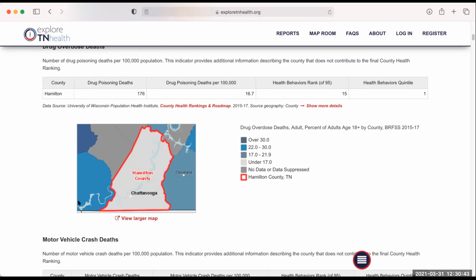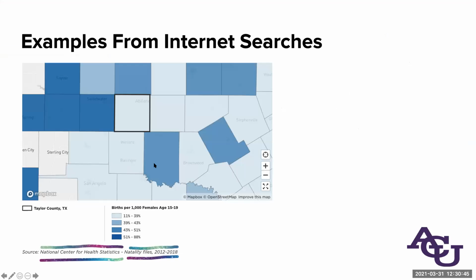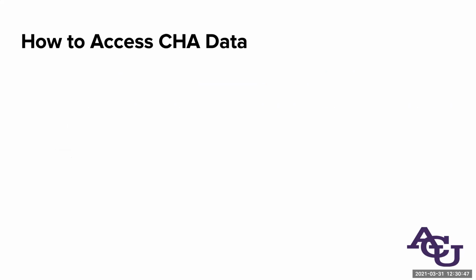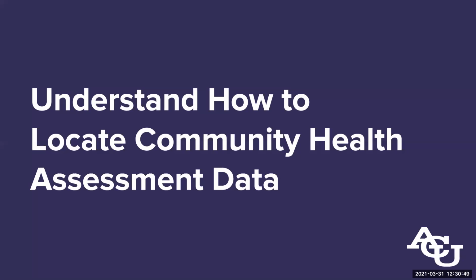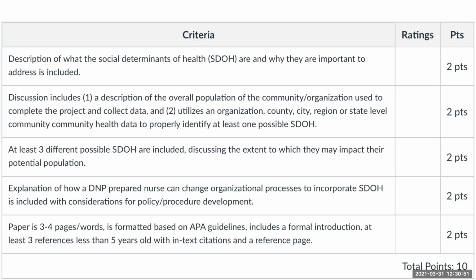It asks you to look at at least 3 different possible social determinants of health, discussing the extent to which they may impact the population. Impact by itself is neither positive nor negative. Impact means it's hitting it, or in this case, having some effect, some change.